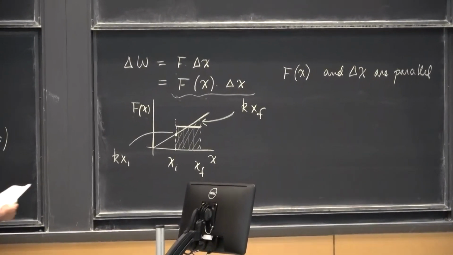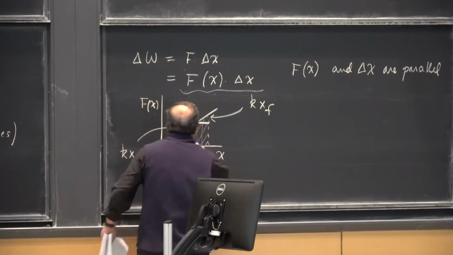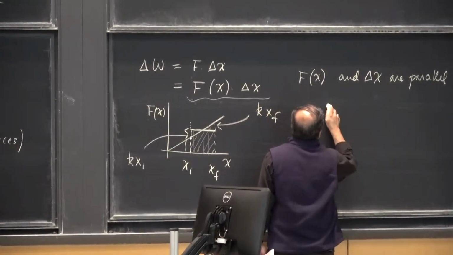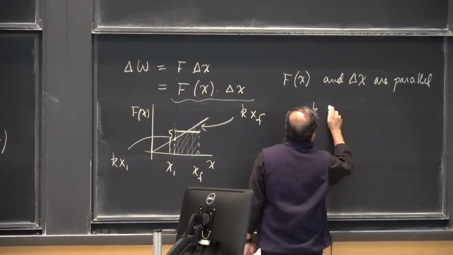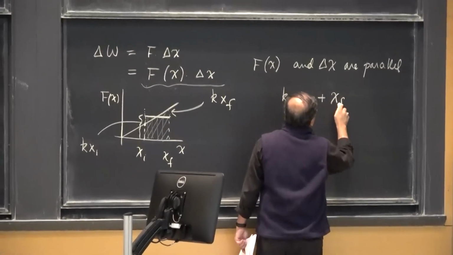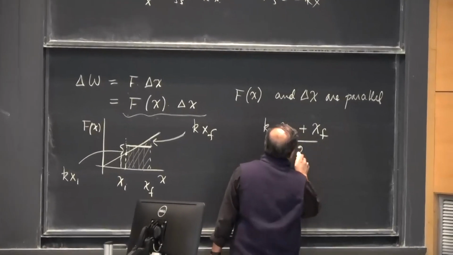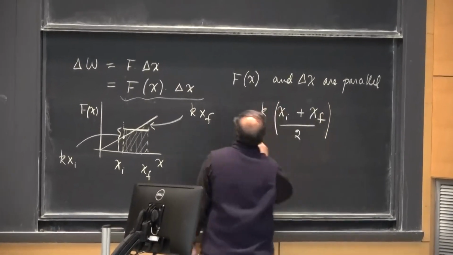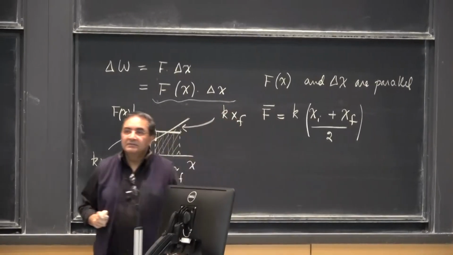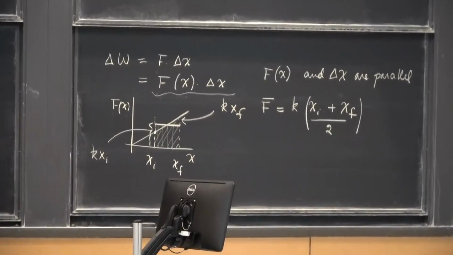So what will now happen is this piece here is going to be K times X initial plus X final divided by 2. I have only 2 data points, so that will be my average force. Let's call it F bar right now.